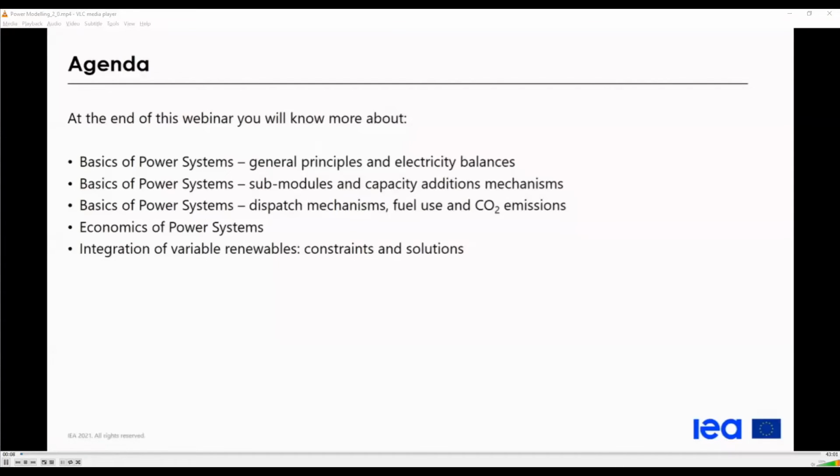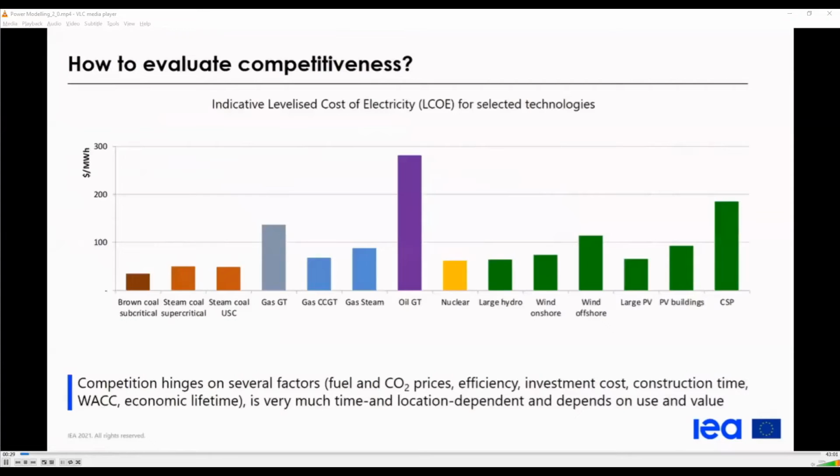So we already looked at some economic concepts when we discussed the merit order and variable costs. I'd like now to expand a little bit more on that. And so in this section, we will now touch upon some other quite important aspects of power system economics. One very important aspect is how to evaluate the competitiveness of the different electricity generating technologies.